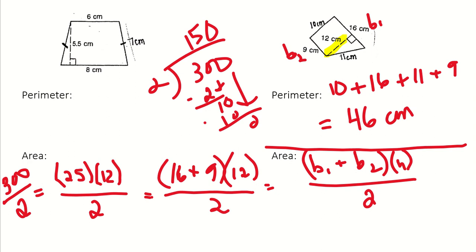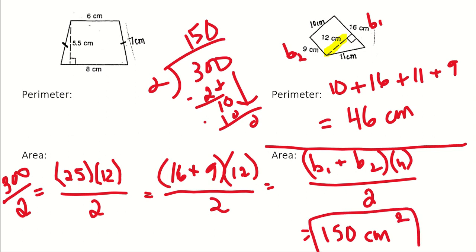Okay, so the area of the second trapezoid is 150 centimeters squared. Don't forget to put the square and write the units in the correct way.